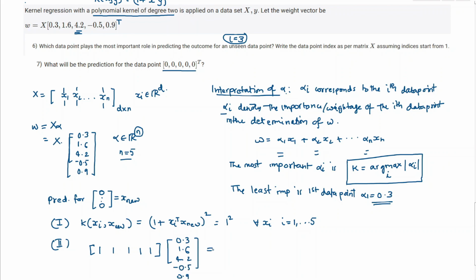So this will be equal to 0.3 plus 1.6 plus 4.2 minus 0.5 plus 0.9, which will turn out to be 6.5. This is the prediction of the 0 vector. So this is the prediction corresponding to the input where all entries are 0.